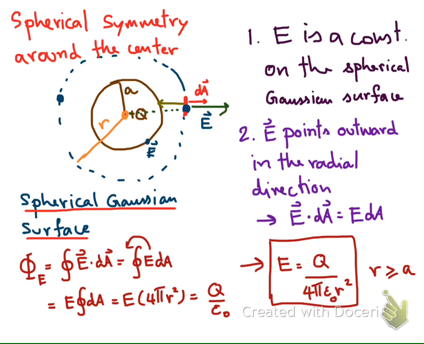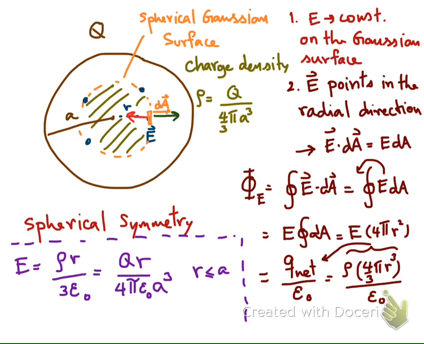When you put r equal to a in this relation, we have the same expression. This confirms that our calculation is correct, because we must have the same value of E. It doesn't depend on the way that we calculate E. So our calculation is correct.